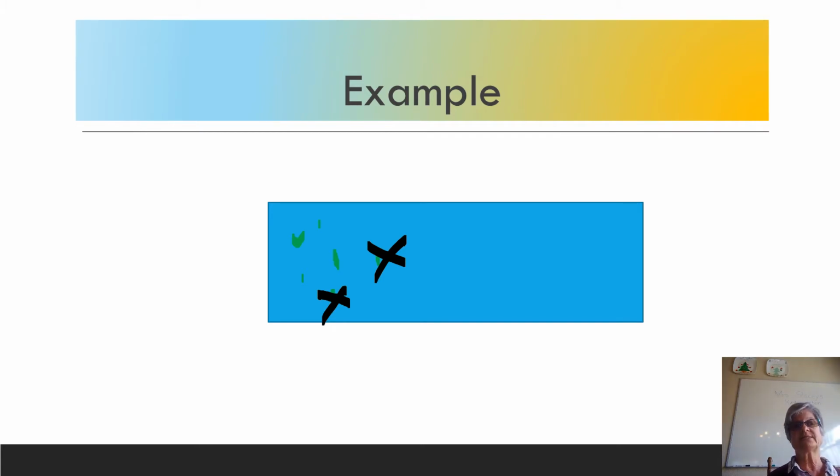So my story is, I had 6 balls on the carpet. 2 rolled away. How many are left? Let's count the dots that do not have X's on them. 1, 2, 3, 4. Very good. We have 4 left.